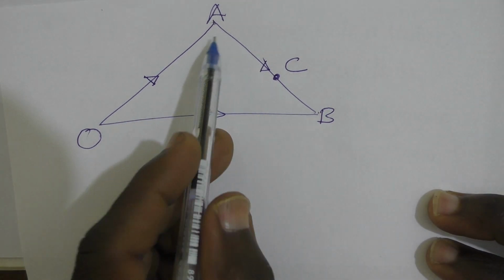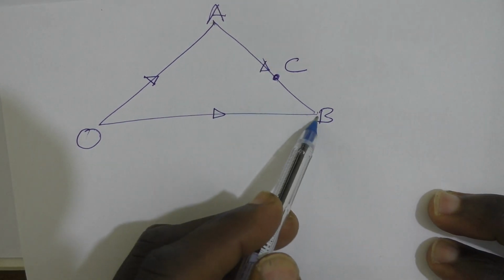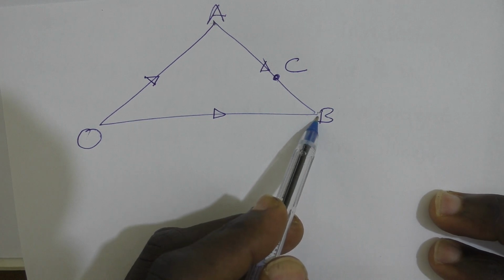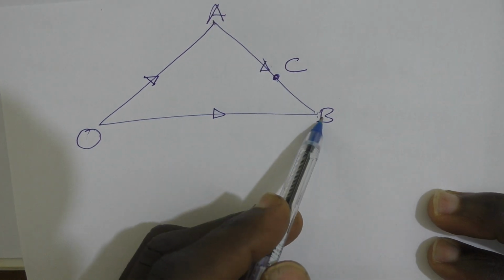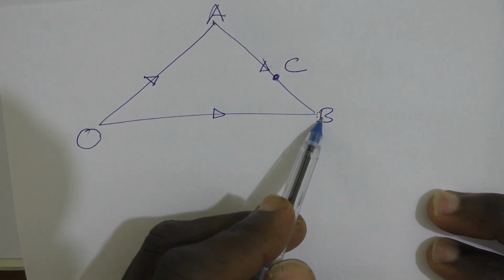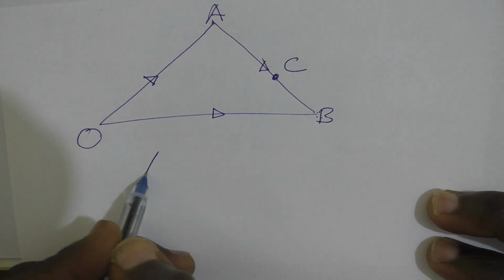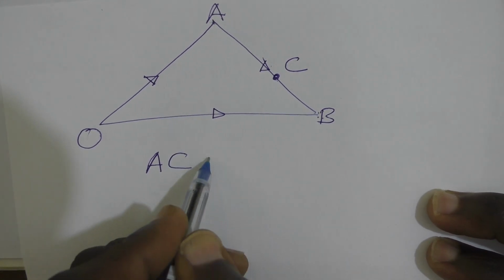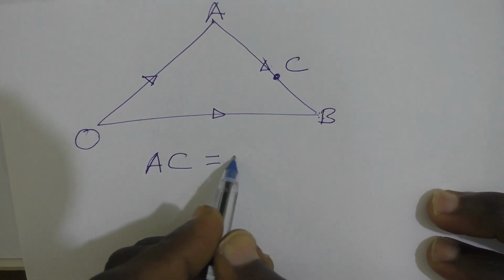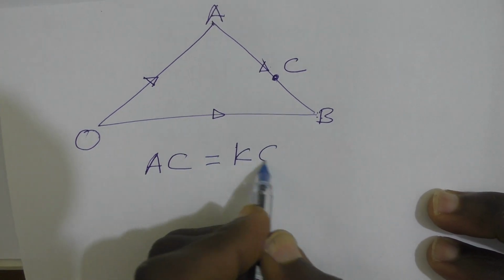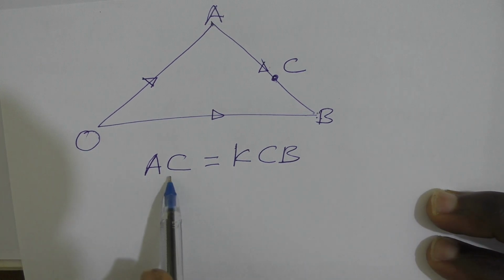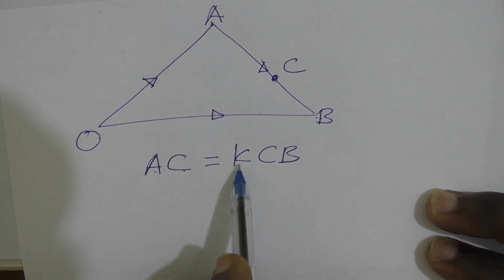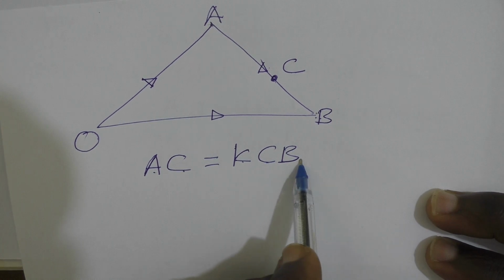So you realize that these three points lie on the same line, and to show that they lie on a straight line, we must satisfy this condition, which says that AC should be equal to a constant K times CB. First, because AC equals a constant K times CB, that shows that they are parallel.